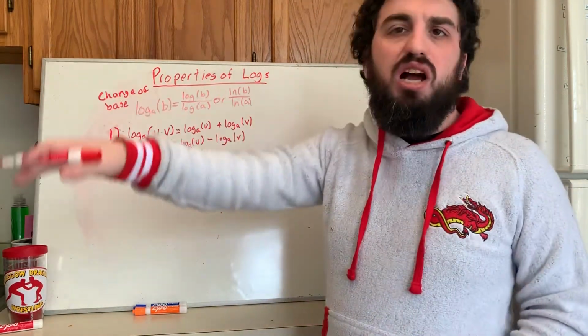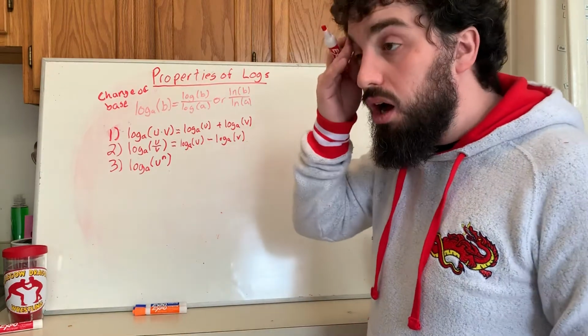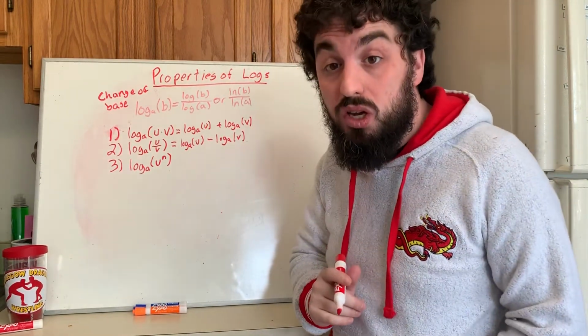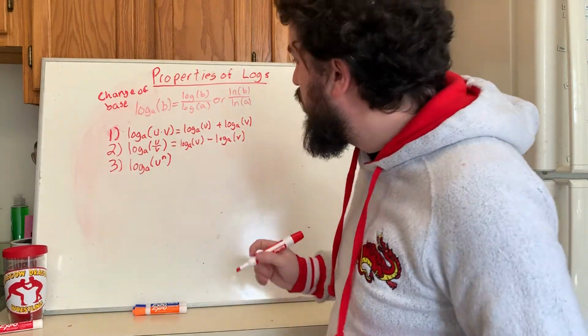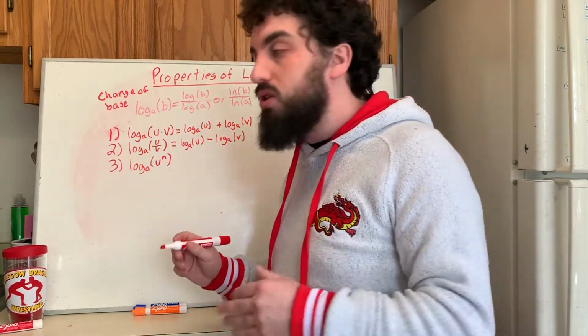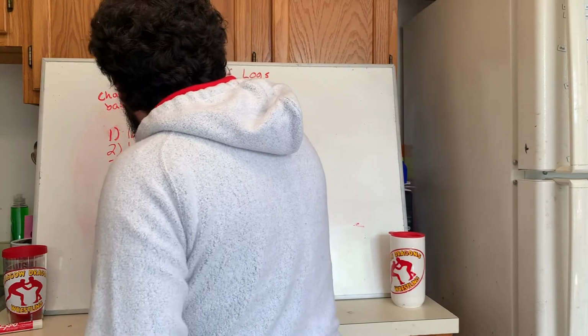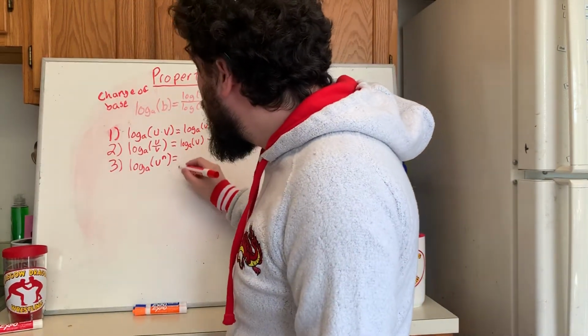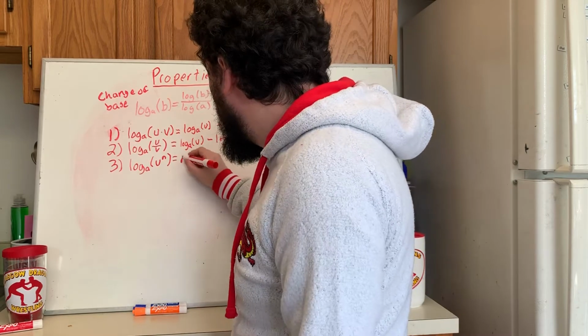I can move it outside an integral even. Again, you'll understand more what I'm saying when you take calculus, with moving things outside of an integral. But it really does have some great applications in higher math. So the exponent now becomes a coefficient.